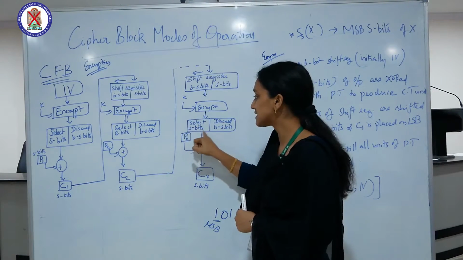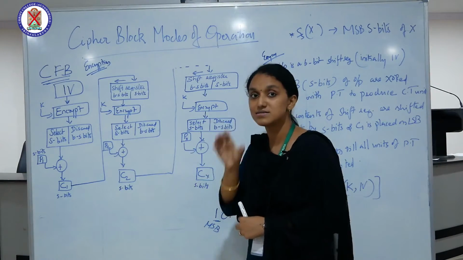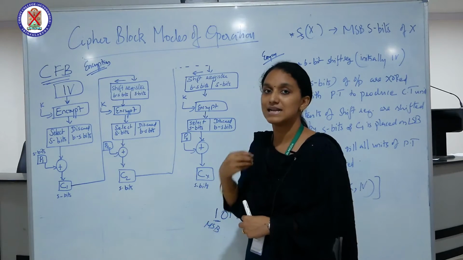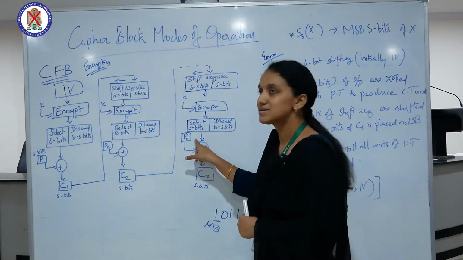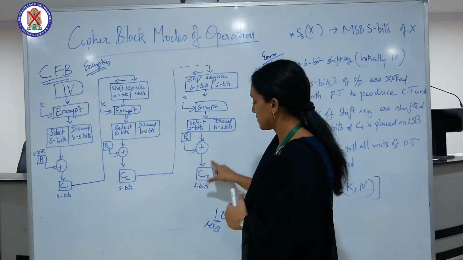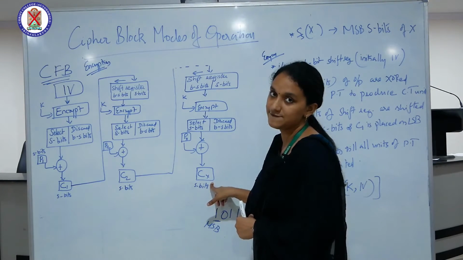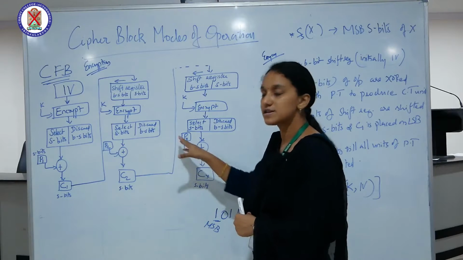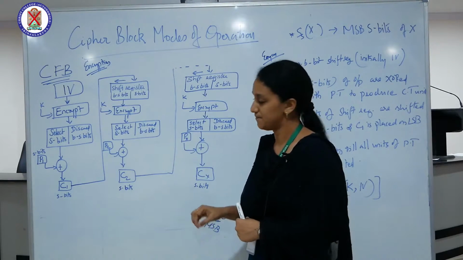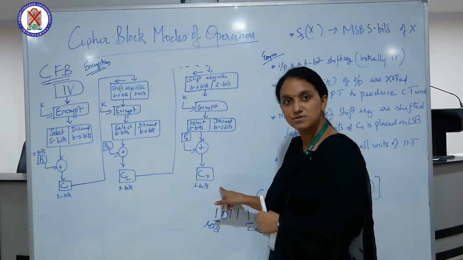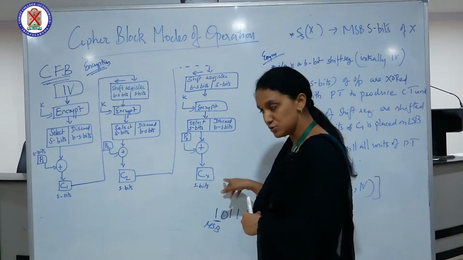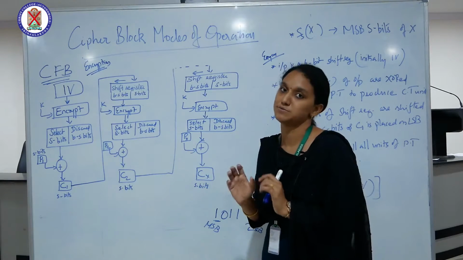That selected S bits is XORed with the last unit of your plain text, let it be PX, which is again S bits, to produce the CX cipher unit of the corresponding plain text unit. And make sure that the ciphertext unit also has S bits.